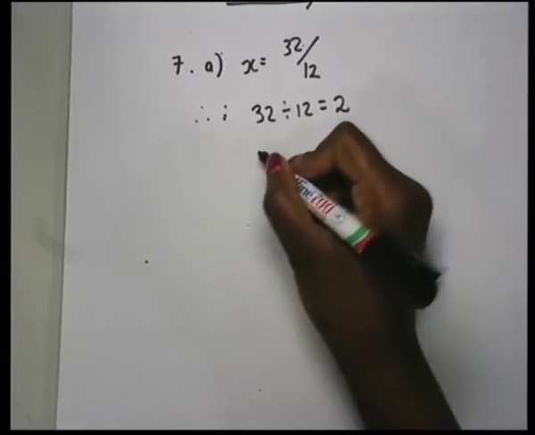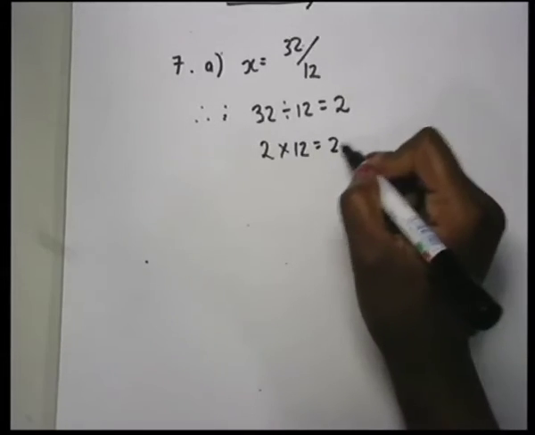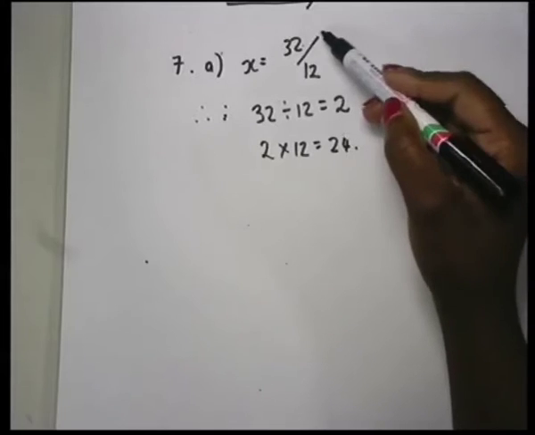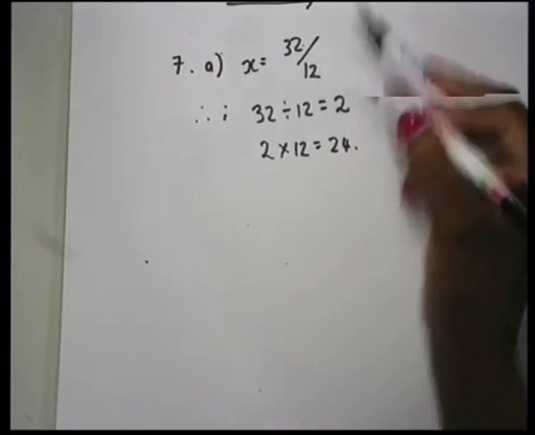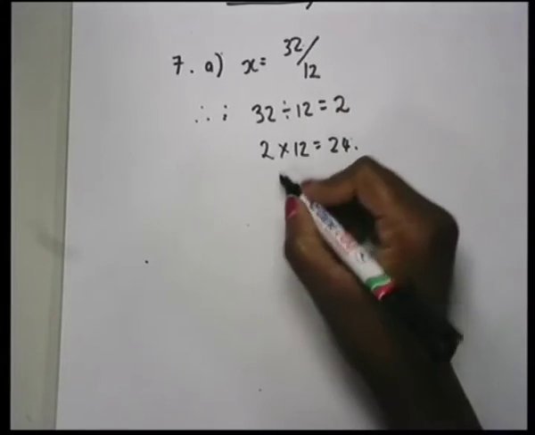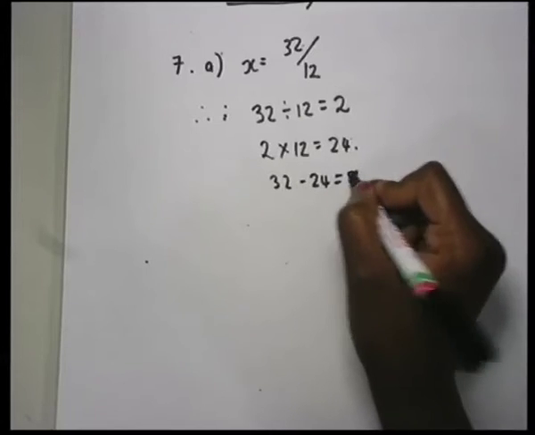But then, what is 2 times 12? 2 times 12 is equal to 24. Now we know that the numerator is 32. So we want to know, what is 32 less 24? 32 minus 24 is equal to 8.